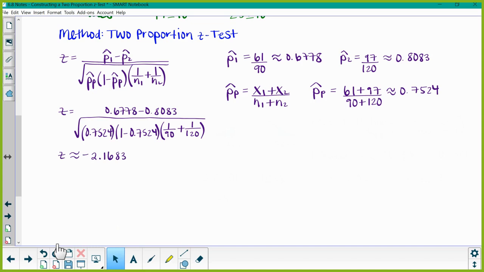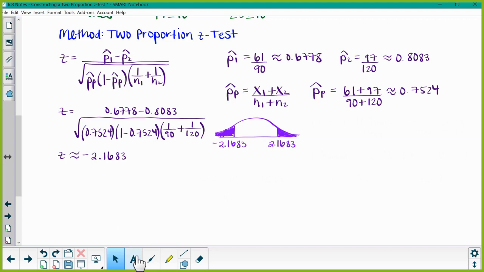Now, when doing this by hand, you kind of have to decide on a direction. You have to decide what area is being shaded on a normal curve. Fortunately for us, this one doesn't require too much thinking because it is a "different" alternative hypothesis, meaning no matter what, I'm going to have a lower tail and an upper tail.